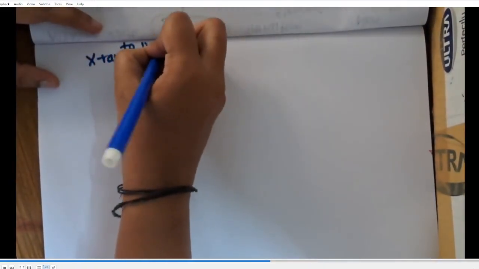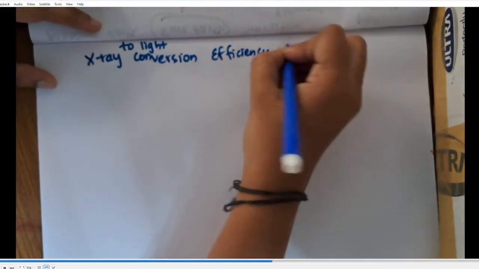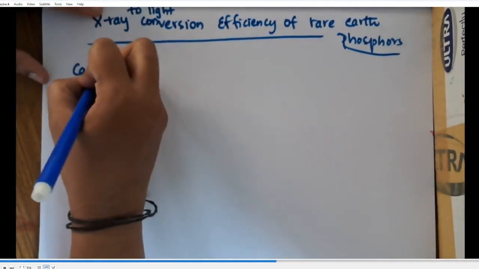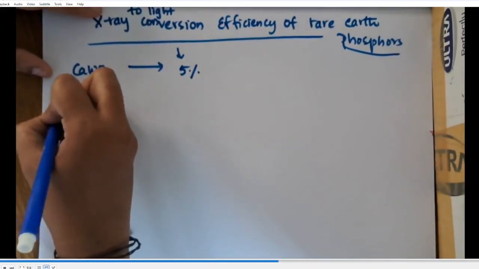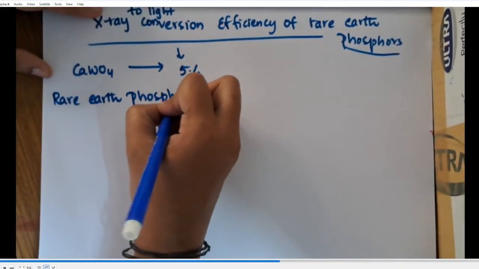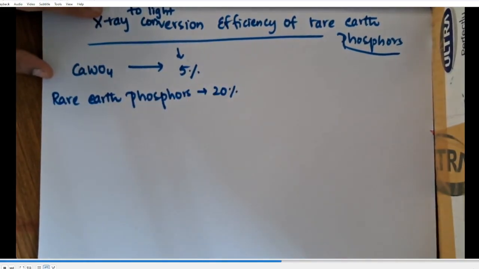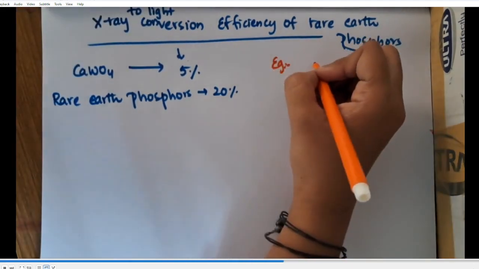So the X-ray to light conversion efficiency of rare earth phosphors is greater than calcium tungstate. In general, the X-ray to light conversion efficiency of calcium tungstate is 5%, whereas that of these rare earth phosphors is 20%.